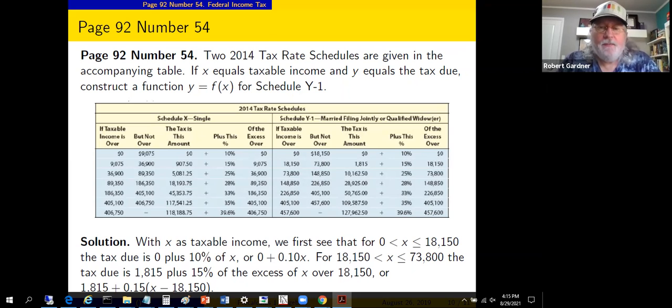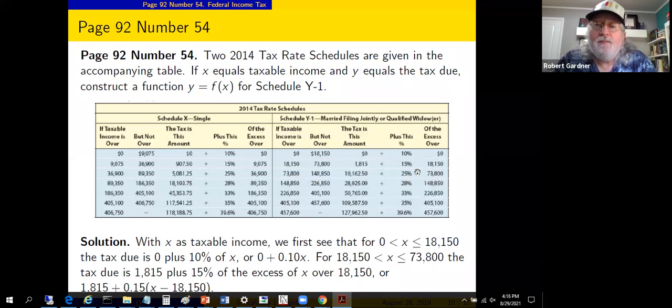Let's do another one. If you made more than 18,150, but less than or equal to 73,800 taxable income, that puts you between these two numbers, then you're going to pay 1,815 plus 15% of the excess taxable income over 18,150.